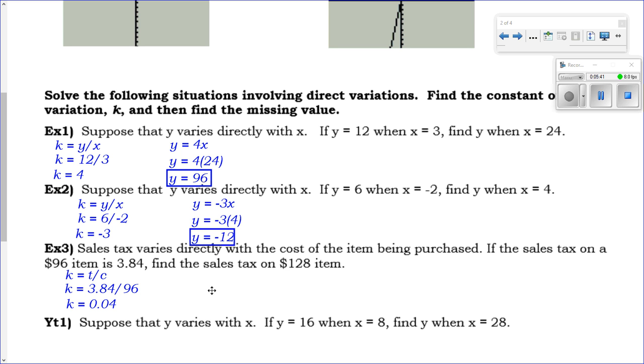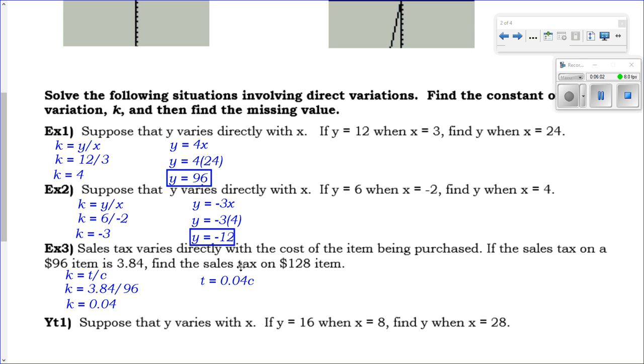So now what I'm going to do is write the equation. Now instead of y and x, you notice how y was on top here, and I kept writing y first. I'm going to write t first. So instead of y equals negative 3x, I'm going to write t equals 0.04c. Okay, so basically I just brought the c up top.